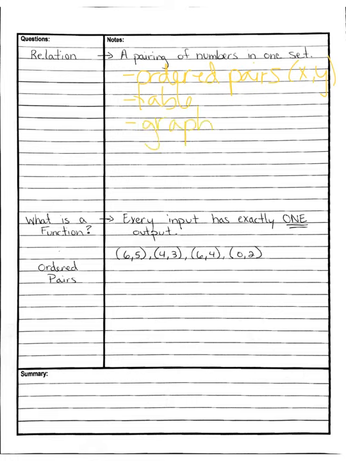We've seen tables, graphs, and ordered pairs. We could have an equation. We've been given a lot of equations. And the last one that will be new for you is what we call a mapping diagram. It's also called an arrow diagram. So these are ways that we can represent relations.